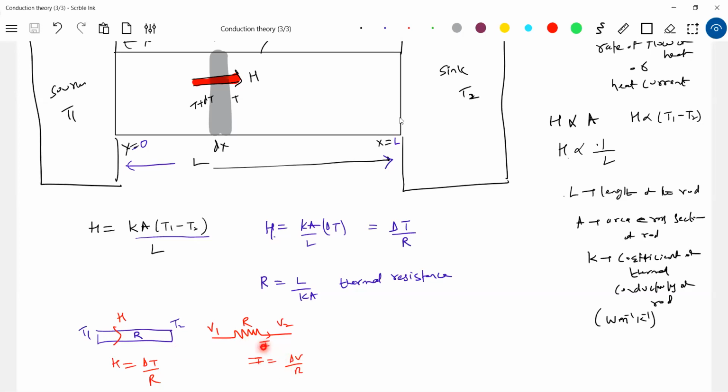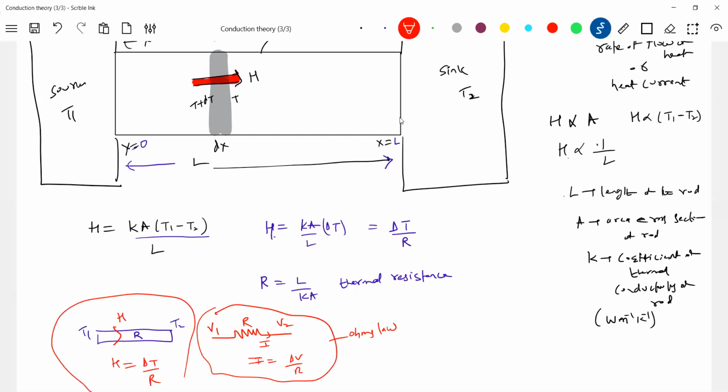Why am I comparing this? Whatever problems we study, I'm going to discuss again in the second year syllabus, current electricity. Therefore I should compare, and make students think like this also. This is an analogy, current electricity, Ohm's law. This is like conduction. Again, don't call it Ohm's law for a thermal conductor, because this is a power.